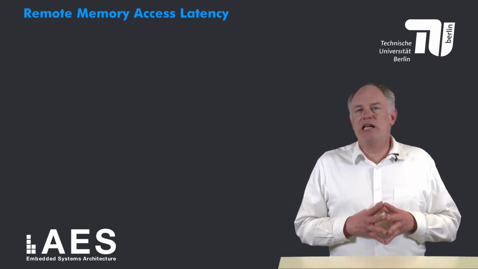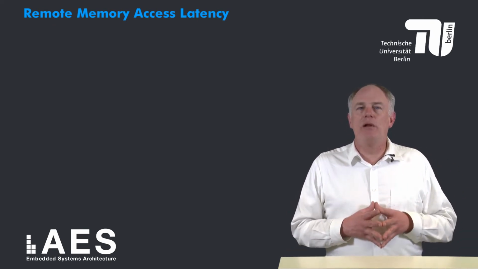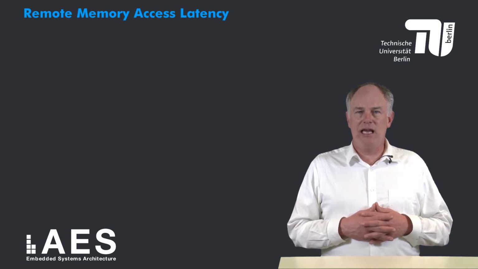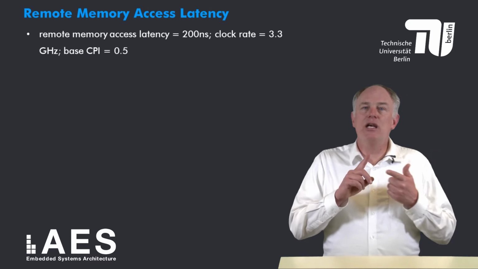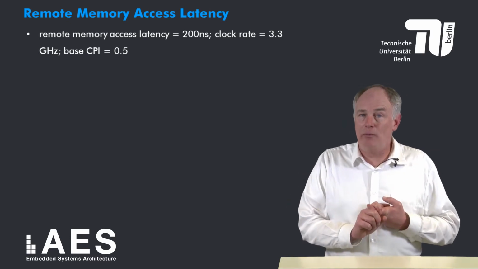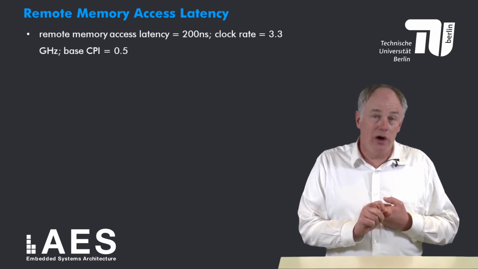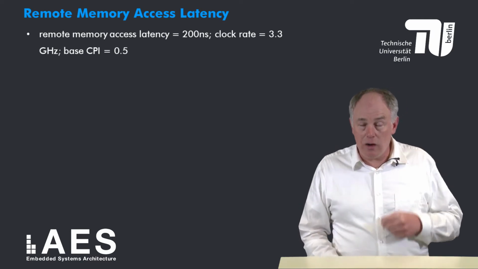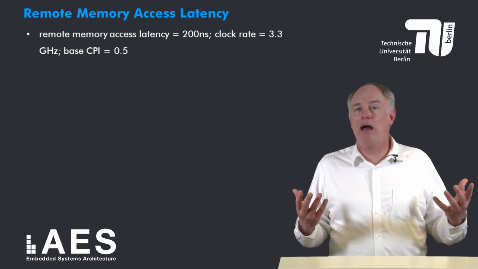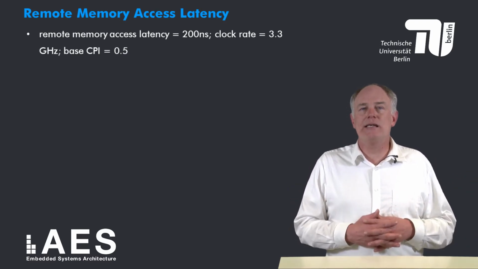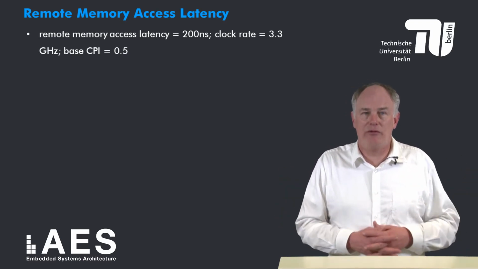The second challenge I will illustrate with a simple example is the impact of long latency of remote memory accesses. In this example, I assume that the latency of remote memory access is 200 nanoseconds, that the clock frequency is 3.3 gigahertz, and that the base CPI without remote memory accesses equals 0.5.